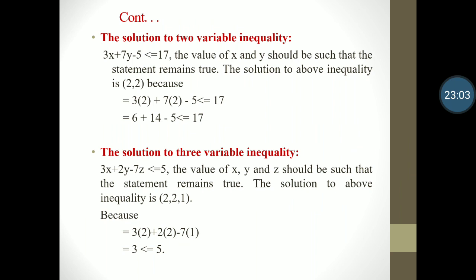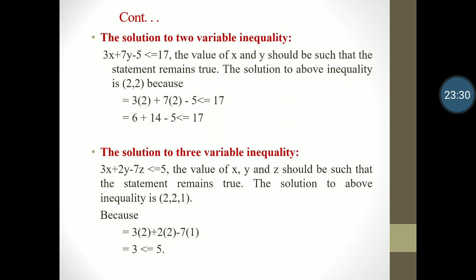Okay, so for a solution of a two variable inequality, here we have the example 3x plus 7y minus 5 less than or equal to 17. For making this statement correct, we have to take values of x and y such that this calculation is true. Here we have taken x and y values as 2 and 2.